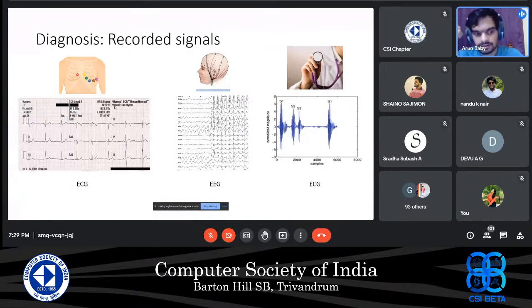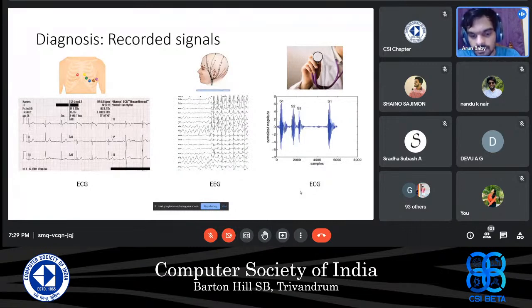Other than that, we have the phonocardiogram, which is the audio recording of our heart.